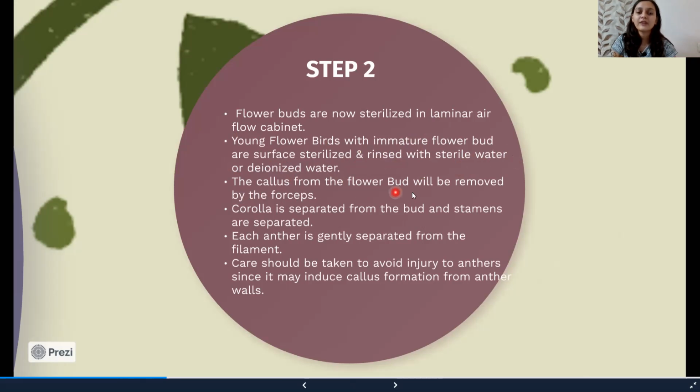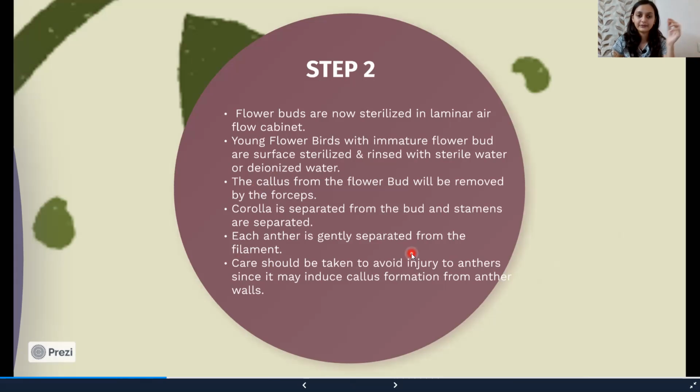The calyx from the flower bud will be removed. Sorry, not callus, calyx. The outer portion of the flower is called the calyx, then after that the corolla, and then after that the reproductive parts of the flower. By mistake, callus is written here. We have to remove the calyx, and then the corolla is separated, and then we can see the anther part of the flower.